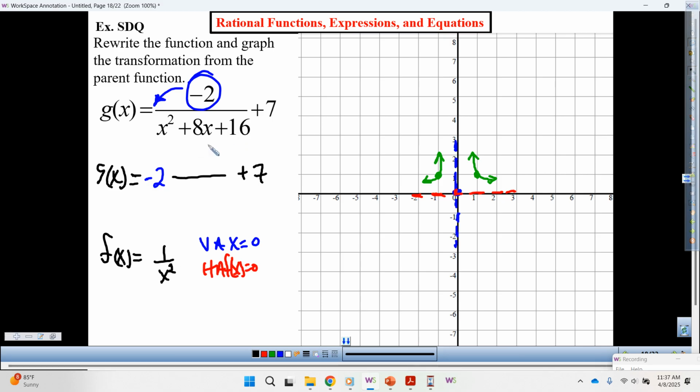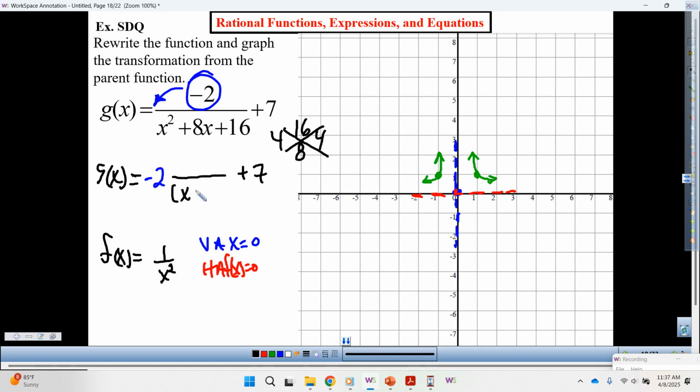All right. How do you factor this? Remind your neighbor. What factors of 16 add up to 8? Everyone. 4 times 4.